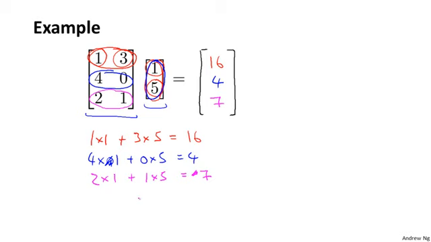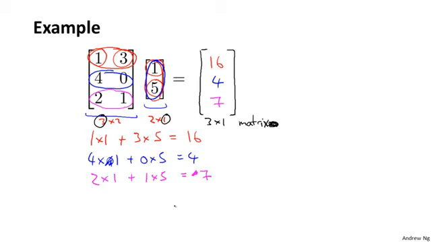And it turns out that the result of multiplying a 3 by 2 matrix by a 2 by 1 matrix, which is also just a two-dimensional vector, is going to be a 3 by 1 matrix. So that's why I get a 3 by 1 matrix. In other words, a 3 by 1 matrix is just a three-dimensional vector.